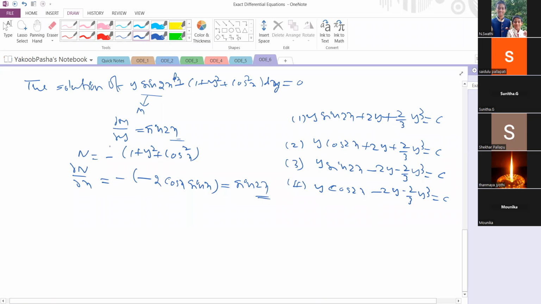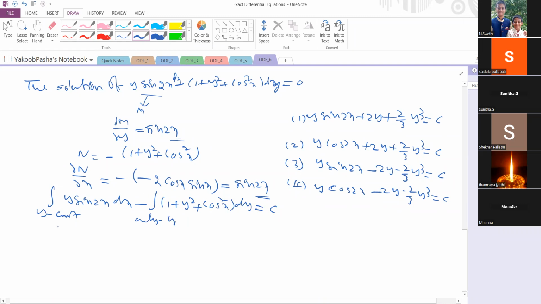Now integrate the given differential equation. So integral y sin 2x dx minus integral 1 plus y square cos square x dy is equal to c. Here y constant, and here only y terms.